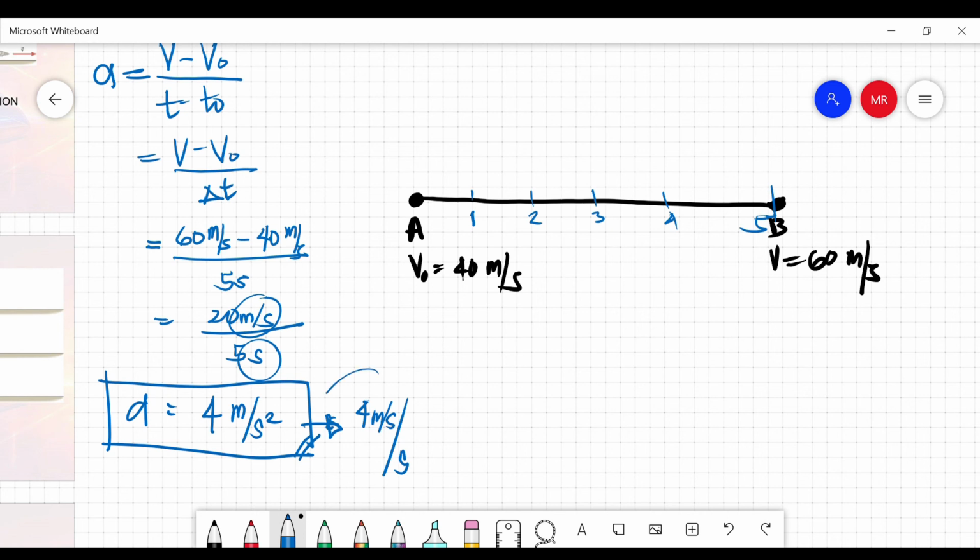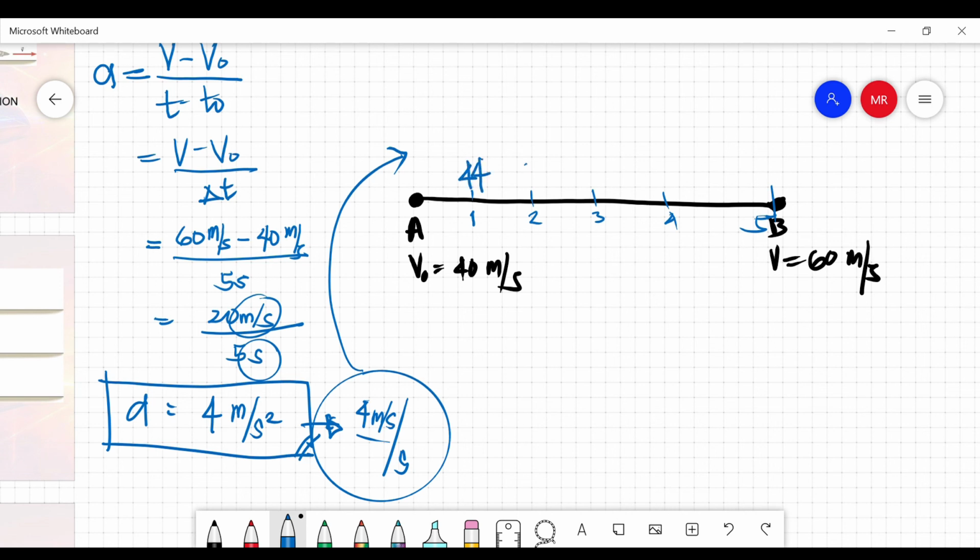second. Okay? If we are to illustrate this on this timeline, like for example, from point A, after 1 second, ilan lang velocity mo? From the information of acceleration, sabi doon, after 1 second, dapat magdadagdag ka ng 4 meter per second. So, after 1 second, ilan na to? 44 meters per second.